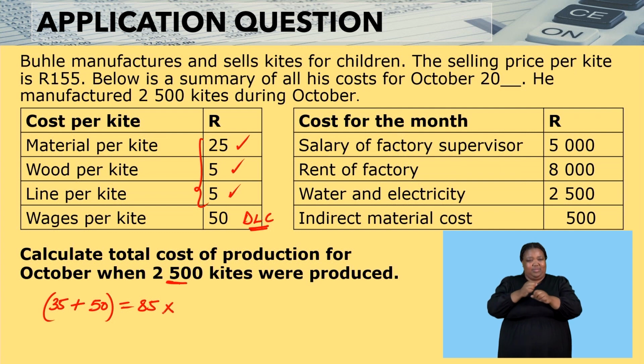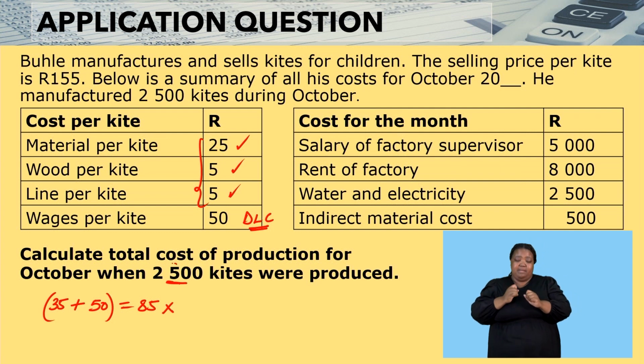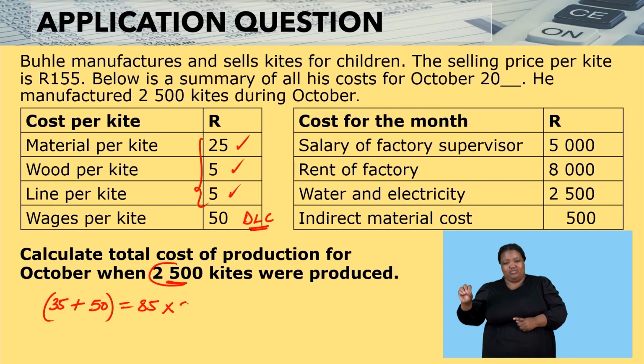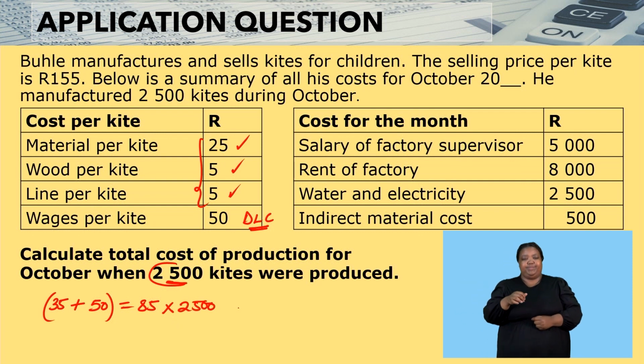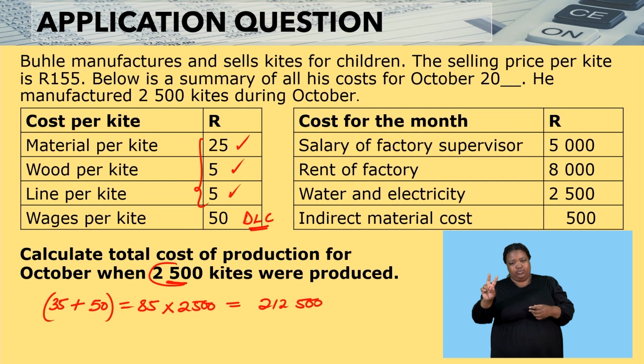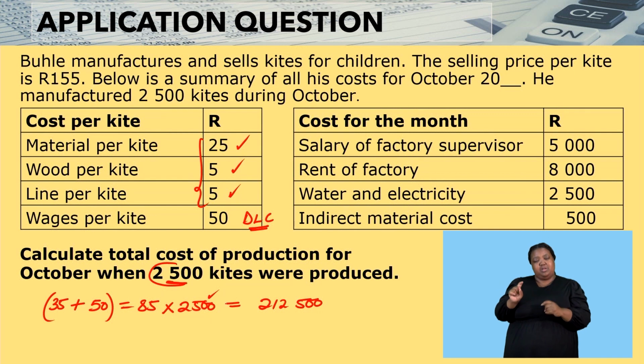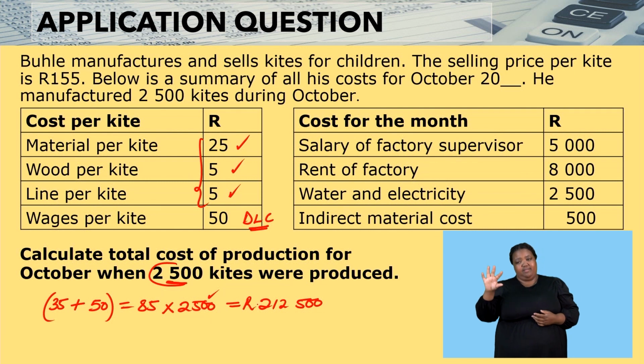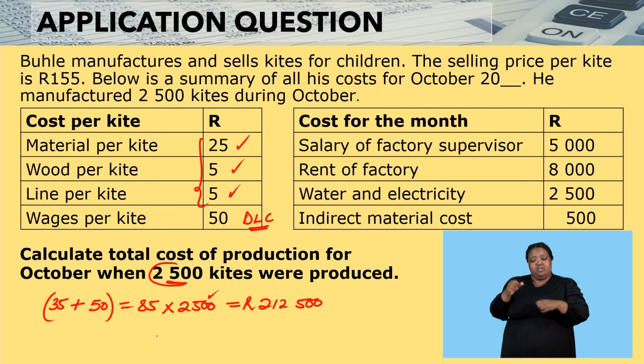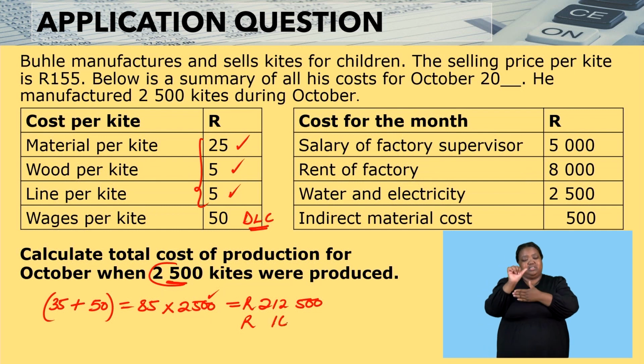When we have 85 per unit, we then multiply by 2,500 kites. That will give us 212,500. So to produce 2,500 kites, the direct costs, that is your direct material and the direct labor, costed us 212,500. And we have just recently calculated the factory overhead amount, which was 16,000.